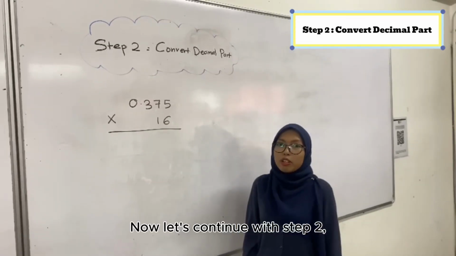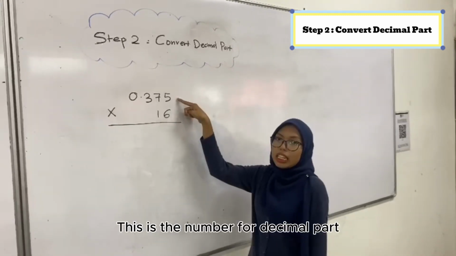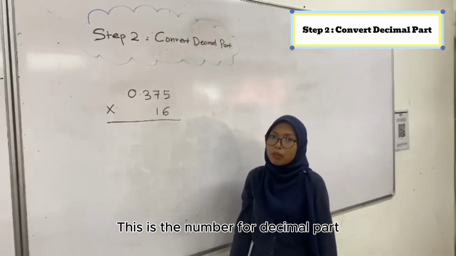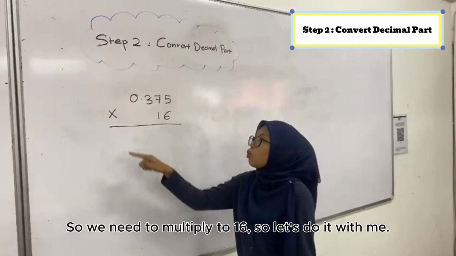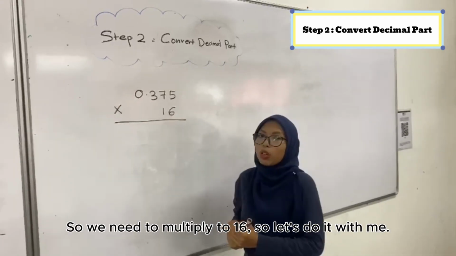Now, let's continue with step 2, convert the decimal part. This is the number for the decimal part. So we need to multiply by 16.